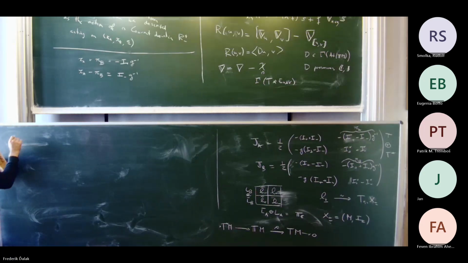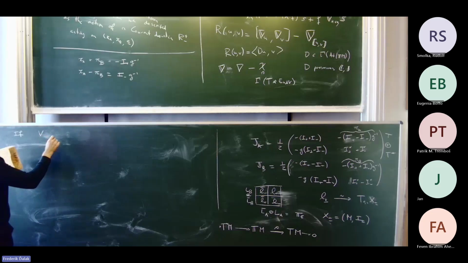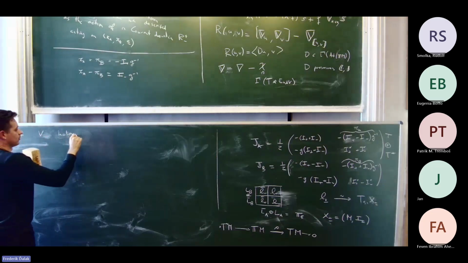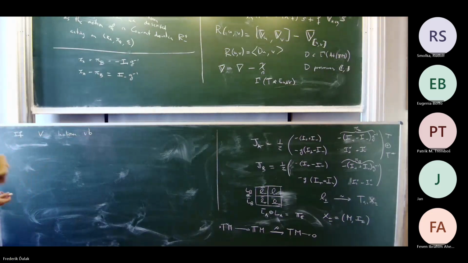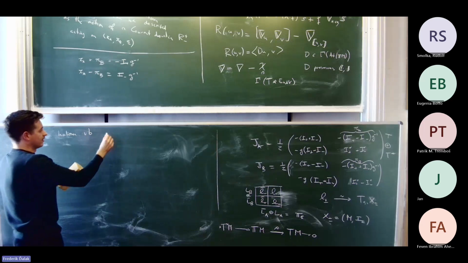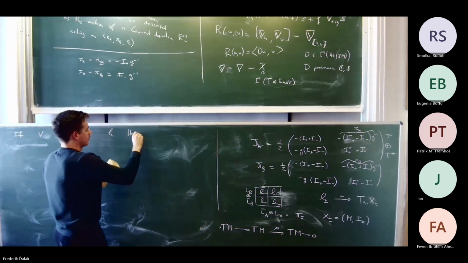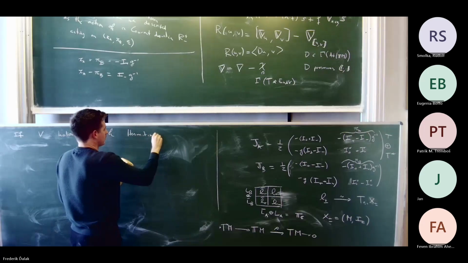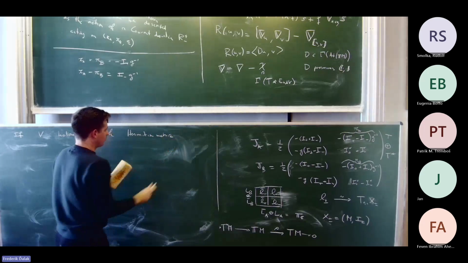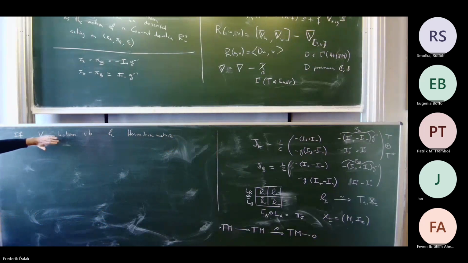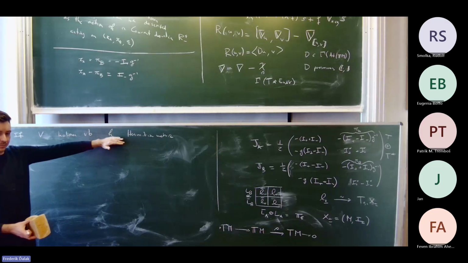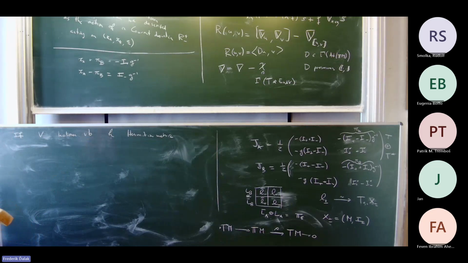So if V is now a holomorphic vector bundle and H is a Hermitian metric, then as you may know, there's a unique connection whose 0,1 component gives you the Dolbeault operator on this vector bundle, which preserves the Hermitian metric. That's well known.